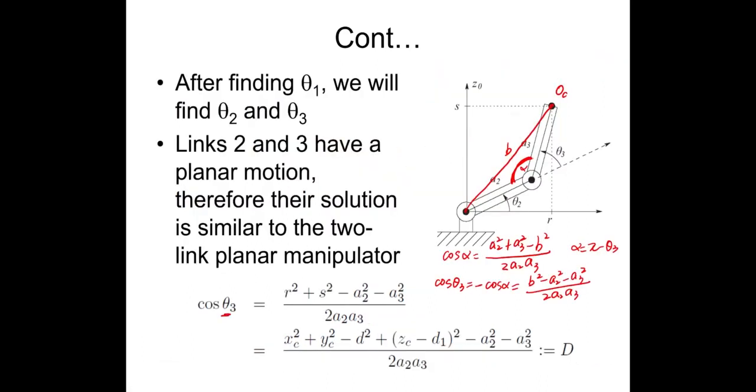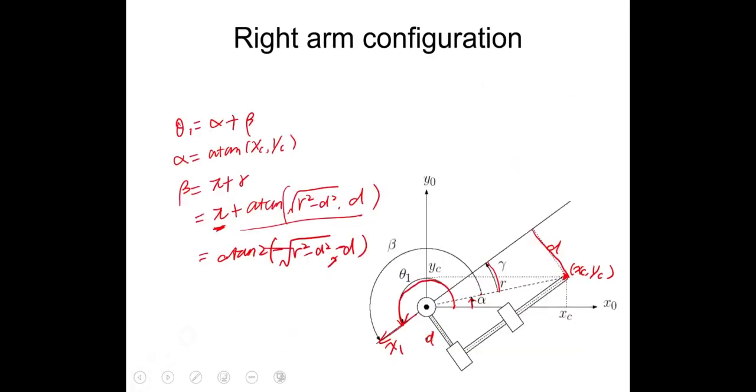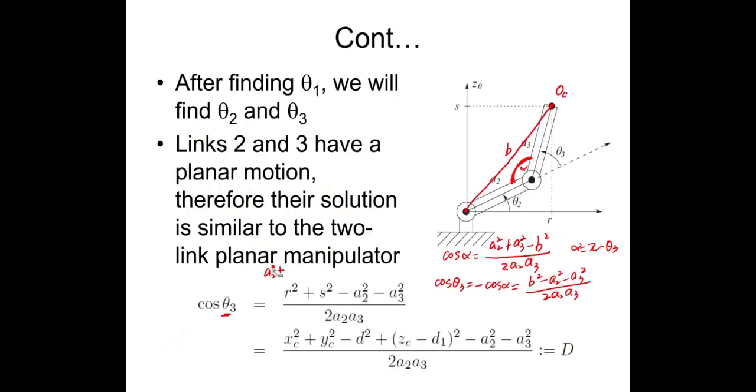Our theta 3 is determined from R square plus S square. We already know that R square equals XC square plus YC square minus D square, and S equals ZC minus D1, so S square equals (ZC minus D1) square.